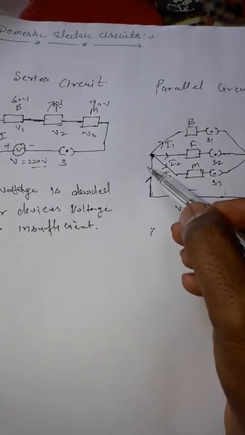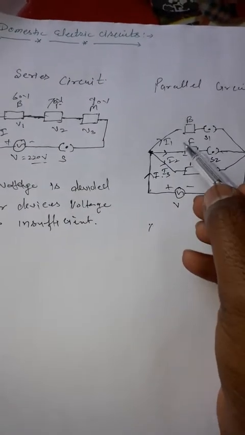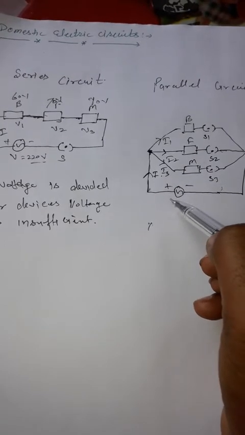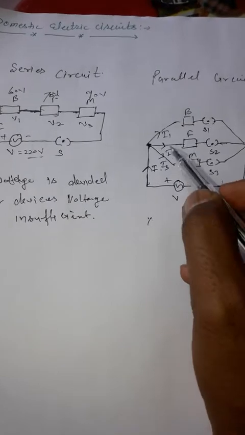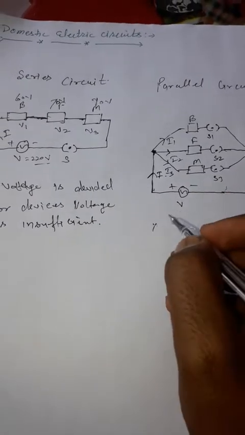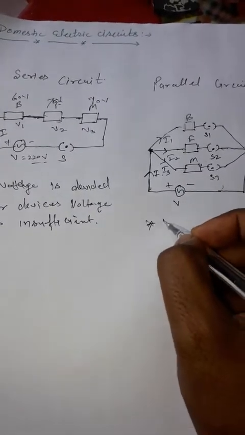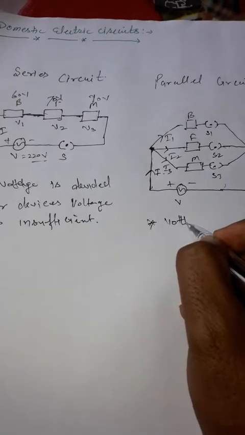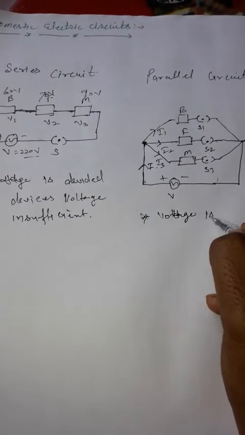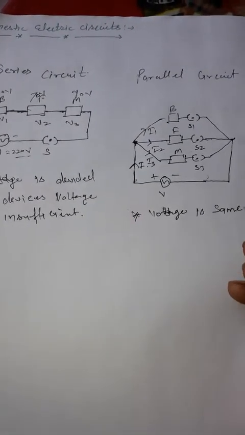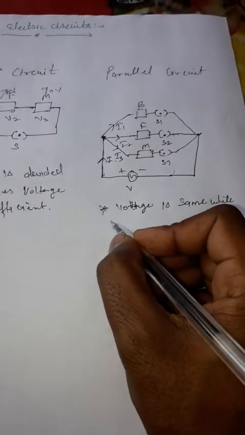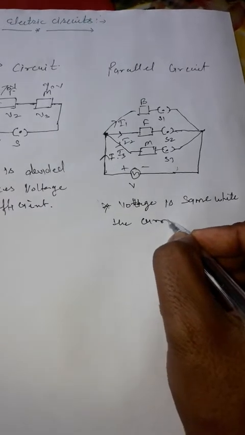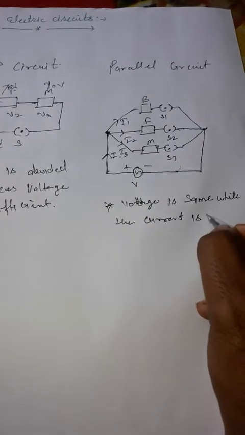Current is divided, but as each device is connected to the same potential, the voltage across them remains the same. So we can write here the voltage in this case is same while the current is divided.